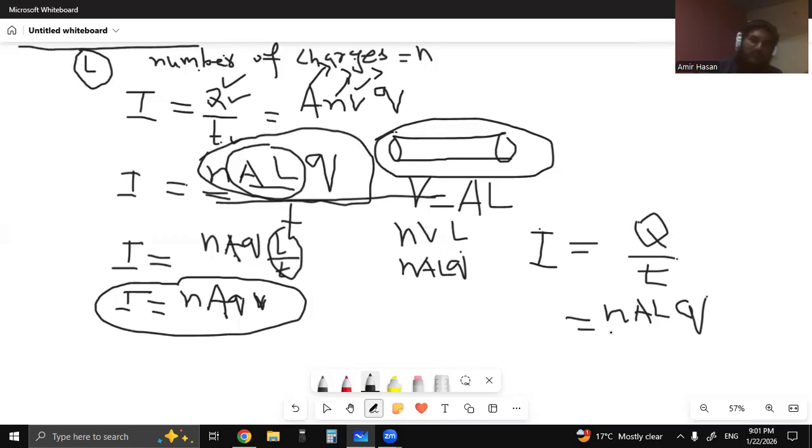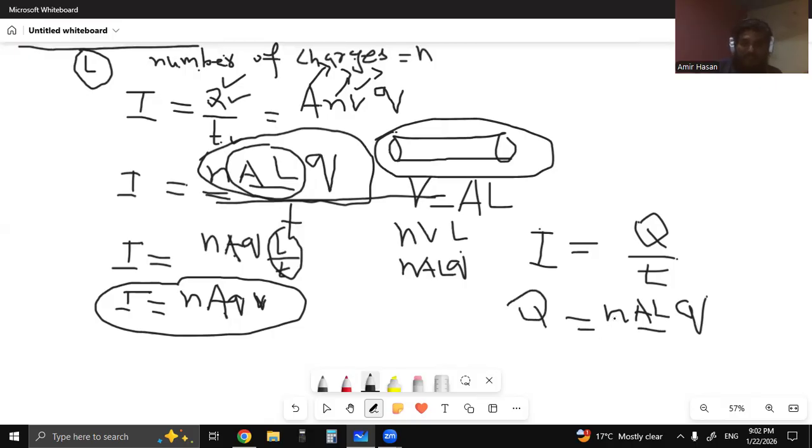We can solve this formula for electron and proton also, but both are the same because the charge value is the same and the number of charges which are present, divided by the area into length and into Q. Area into length is the volume into Q. Now this represents the total charge Q.